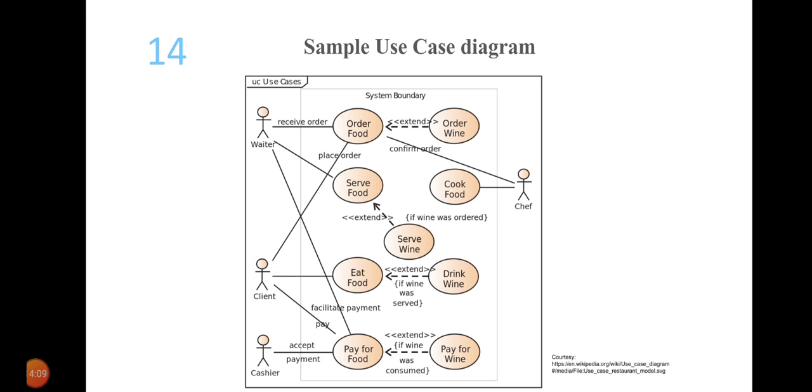So this is a very, very important representation. However, for software, we have to understand that we cannot make use of real-time use cases like cooking of food, drinking of wine. So all those things we do not do using a software, right?